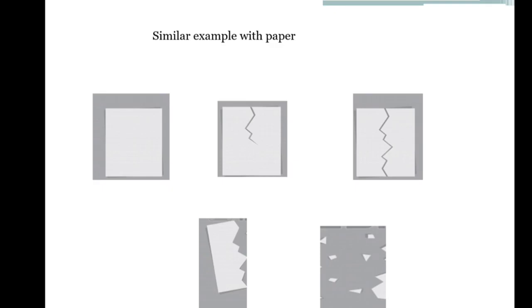How long can you tear it? You will reach a point where you can't divide it anymore. You have reached the part which is indivisible, and that is called an atom.